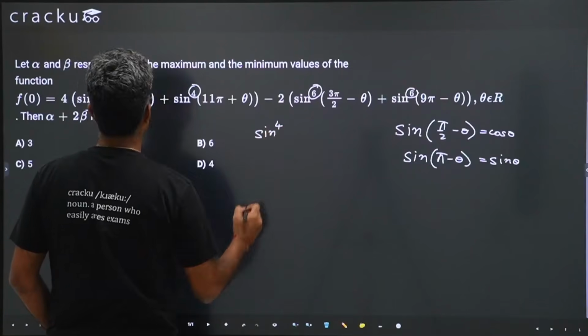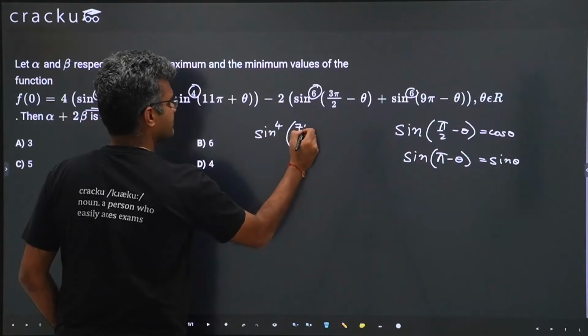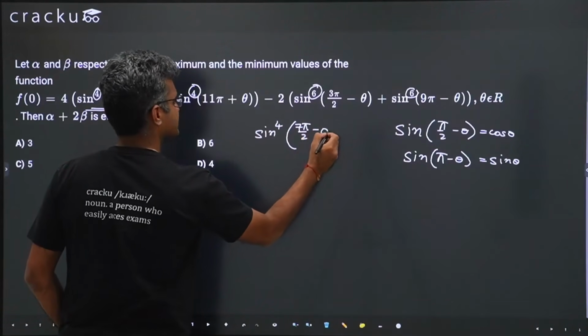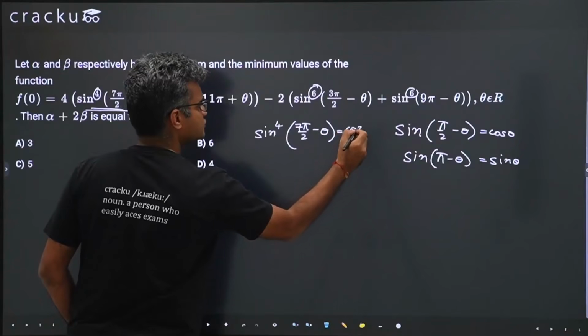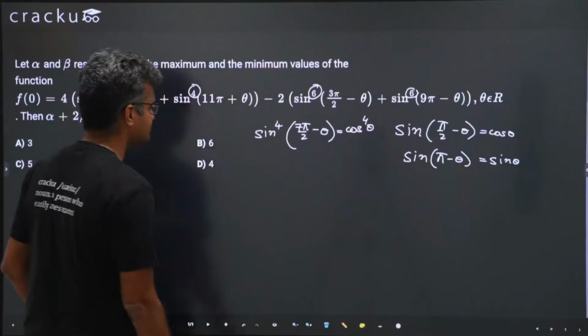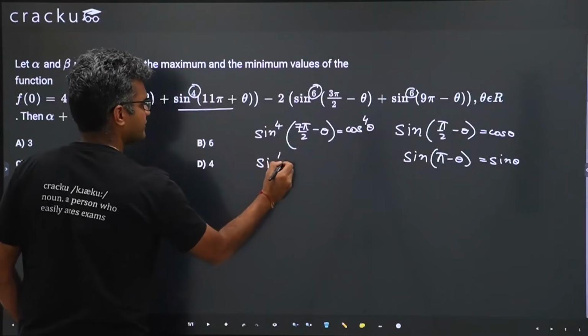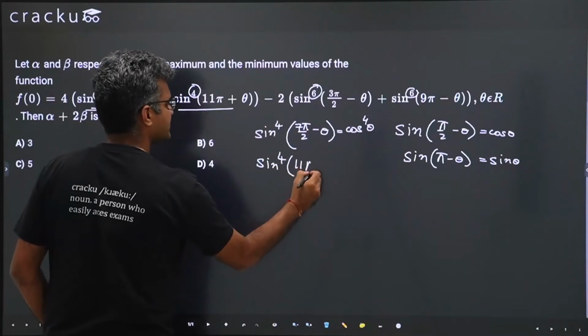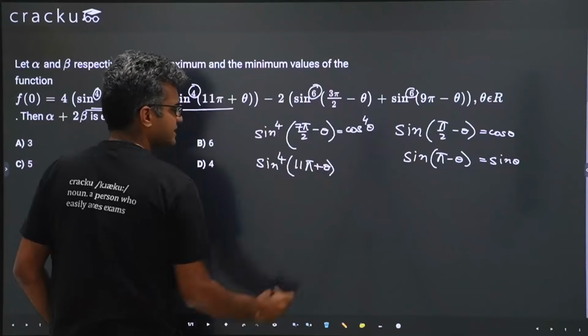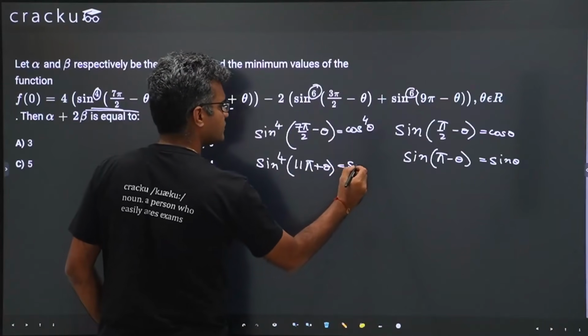So the first term, sine to the power 4 of (7 pi by 2 minus theta), is equal to cos to the power 4 theta. Similarly, the second term, sine to the power 4 of (11 pi plus theta), is equal to sine to the power 4 theta.